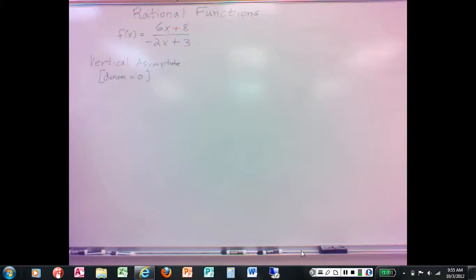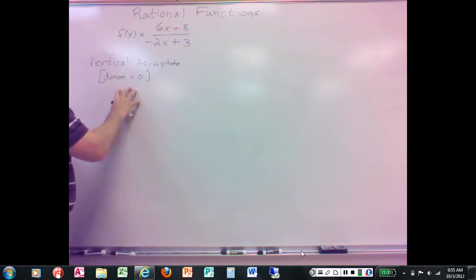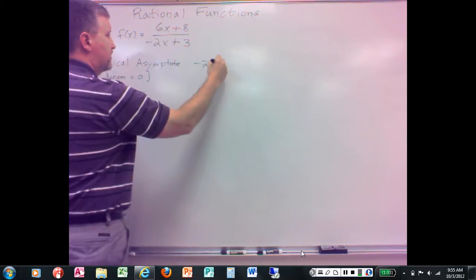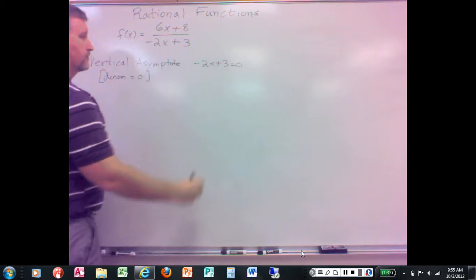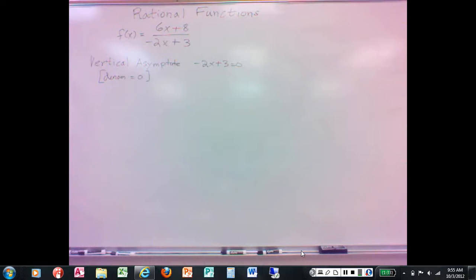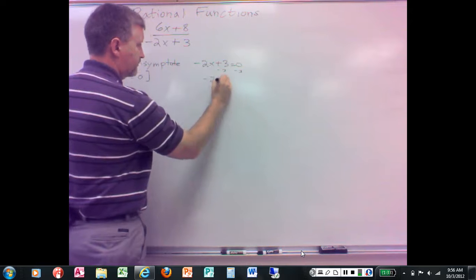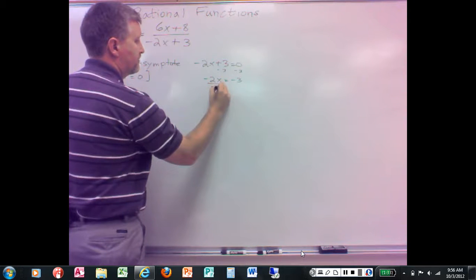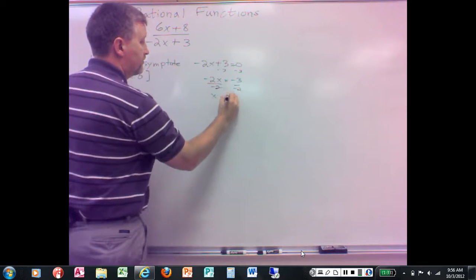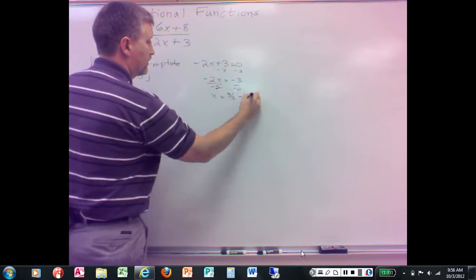So if I set the denominator equal to 0, that identifies that feature. Subtract 3, divide by negative 2, and we get x equals 3/2, or 1.5.